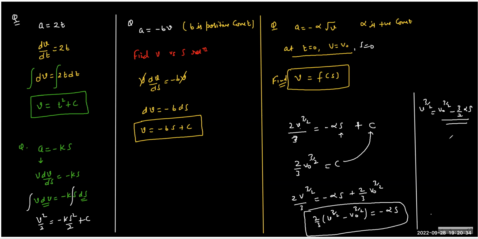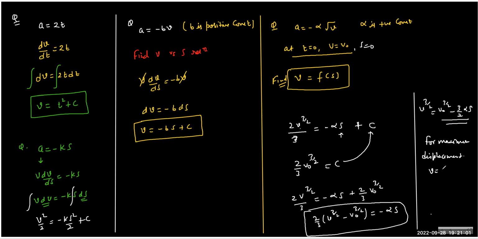The moment you stop is your maximum displacement, because that is where you will stop and probably come back. So we say that for maximum displacement, what can we write?